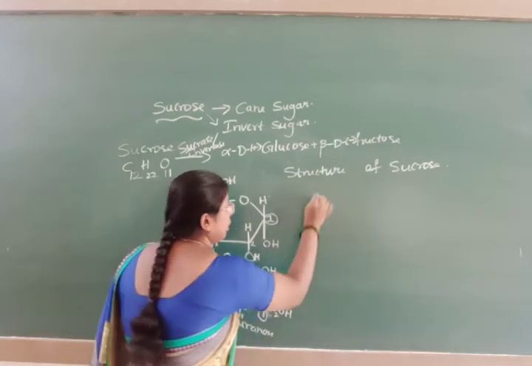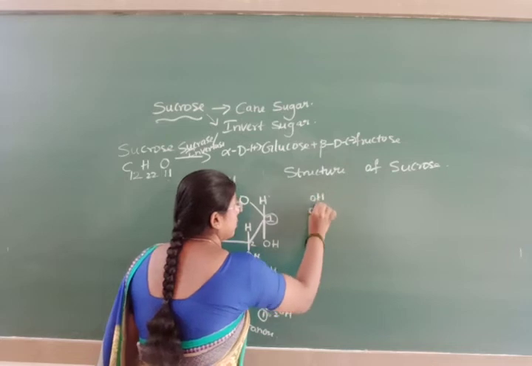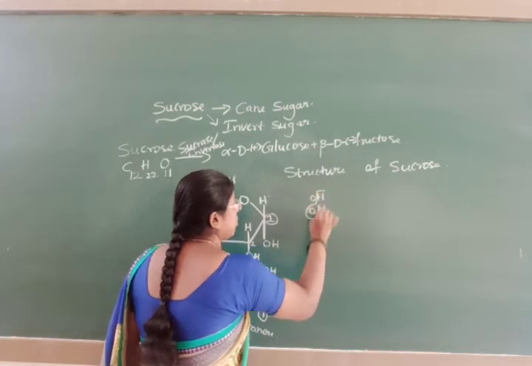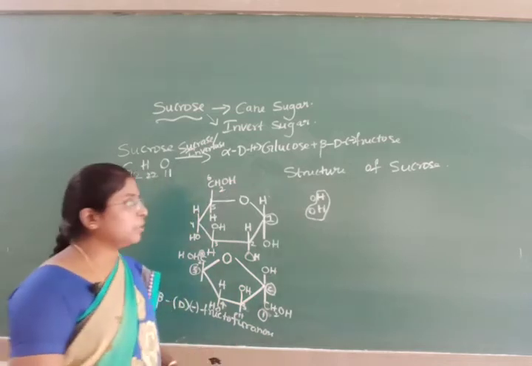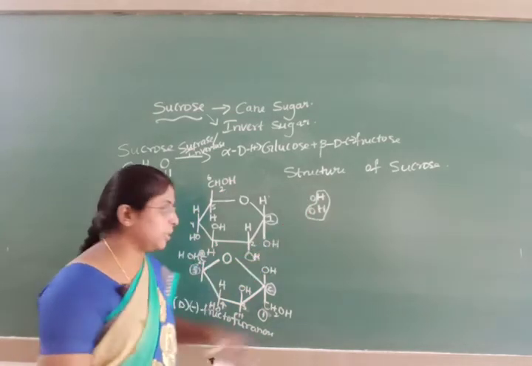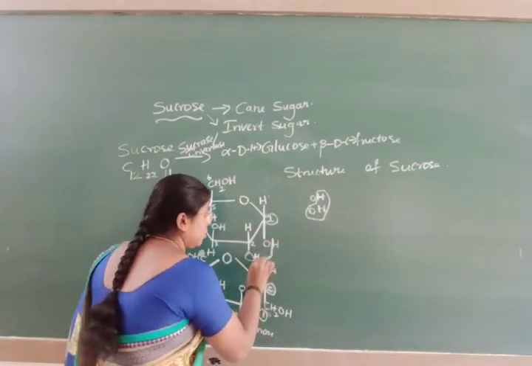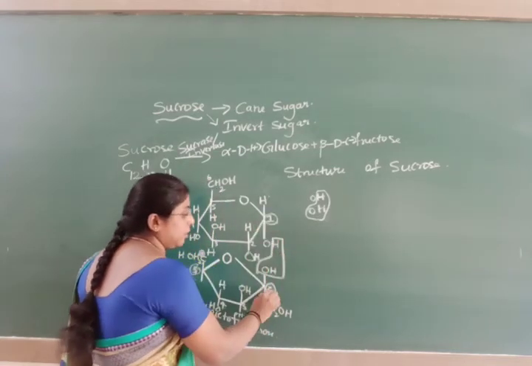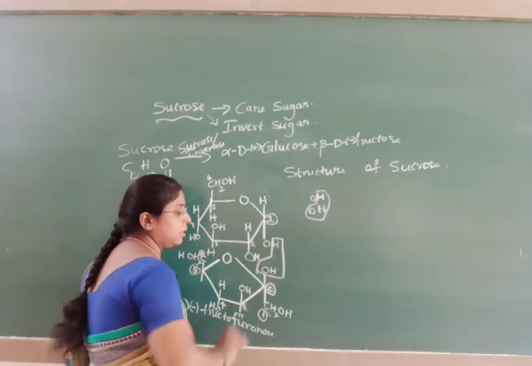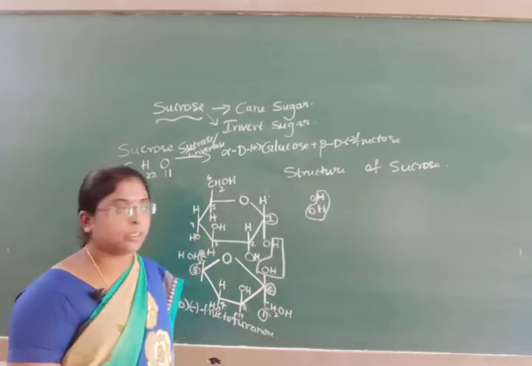Between these OH groups, elimination of a water molecule takes place. After removal of the water molecule, only oxygen remains. Water is removed, and a C1, C2, alpha, beta glycosidic linkage is obtained.